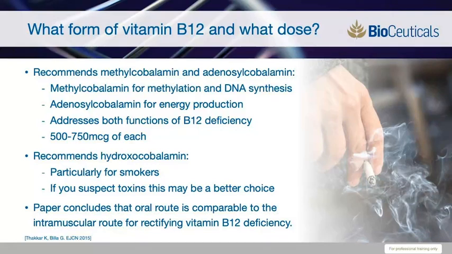It says that if someone is a smoker, because they get high levels of cyanide, hydroxycobalamin is better. And I would suggest for your patients, if someone does have high levels of toxins or chemicals, thinking about possibly hydroxycobalamin. The paper also concludes that the oral route is comparable to the intramuscular route for rectifying B12 deficiency.